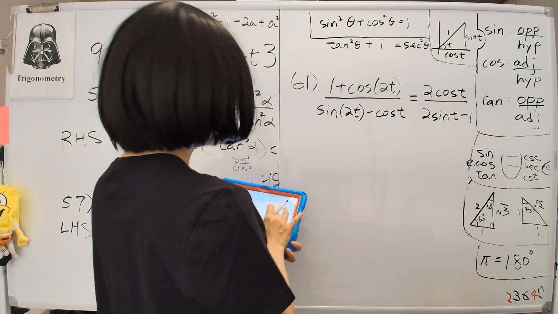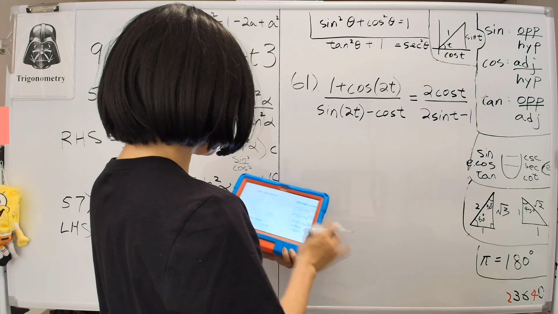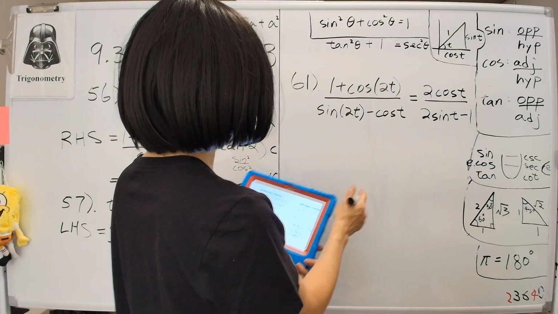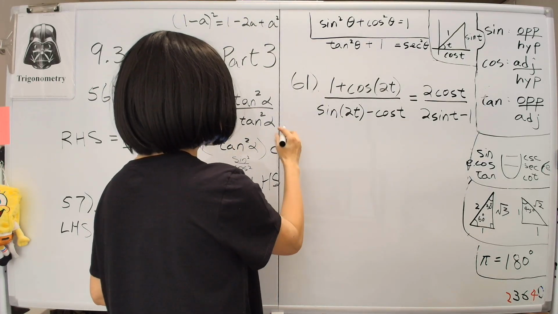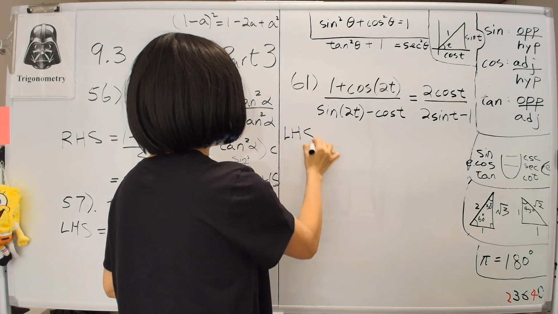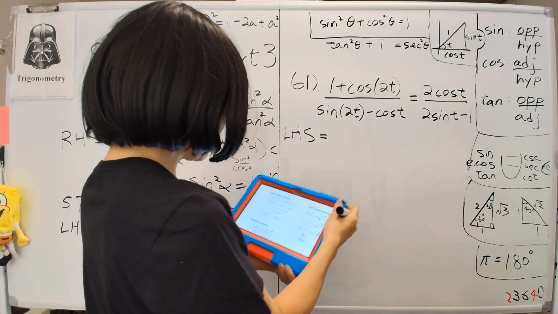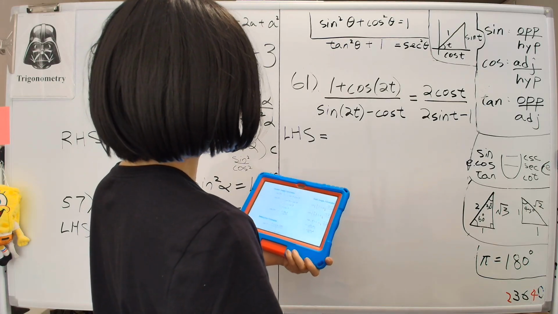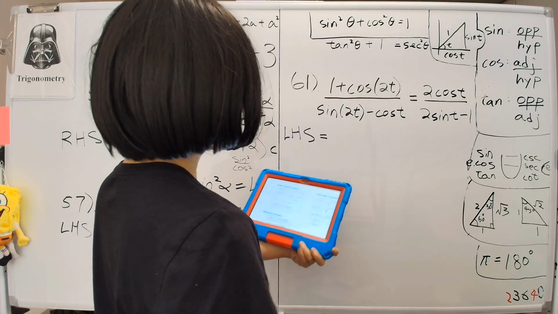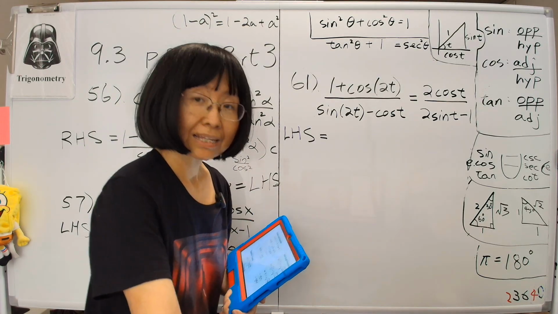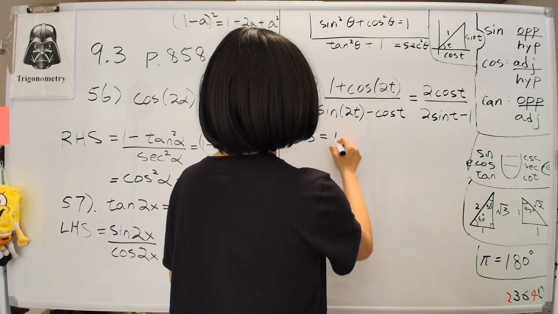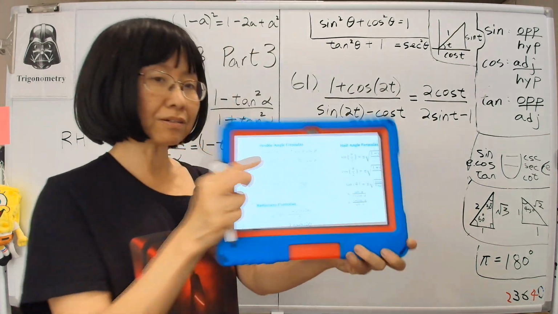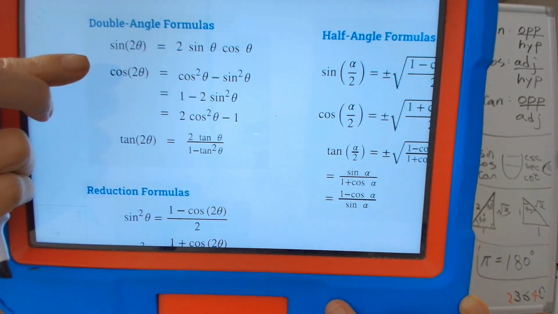Now, let's see, 1 plus cosine 2t. Let's use the double angle formulas to see if we can get anything to come out. Starting on the left-hand side, LHS is equal to 1 plus cosine 2t. Cosine 2 theta has various formulas.